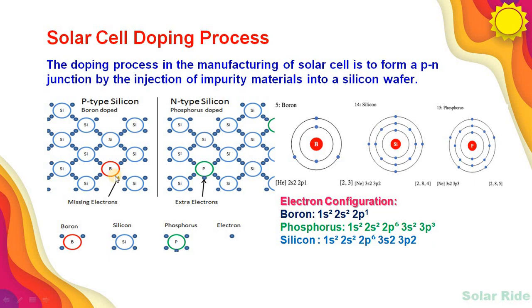Here in this picture, p-type silicon is boron doped. In this area, the wafer wants one electron for forming a p-n junction.